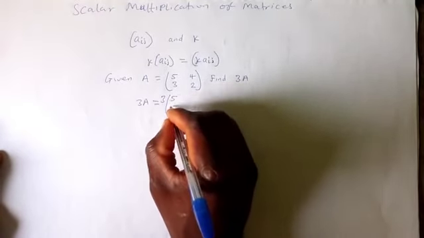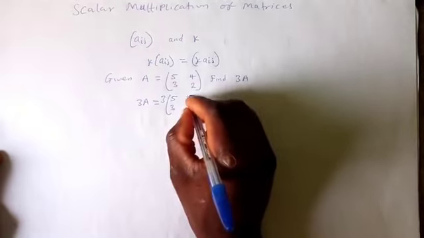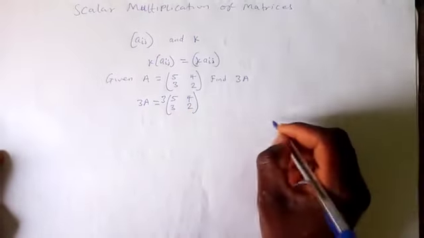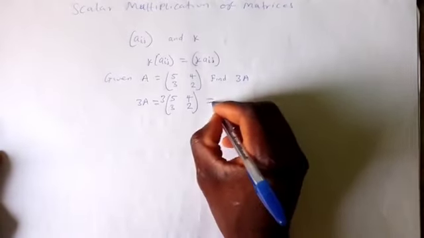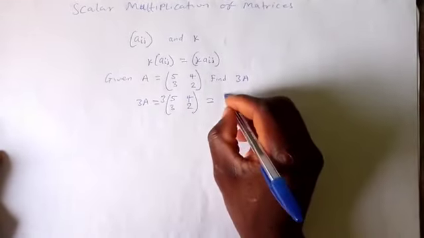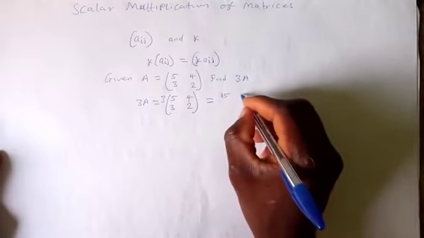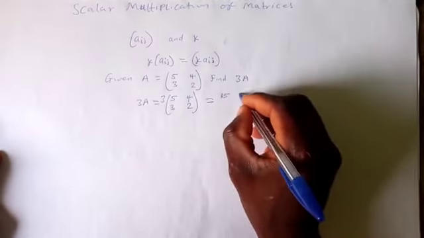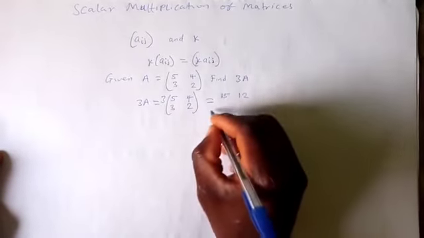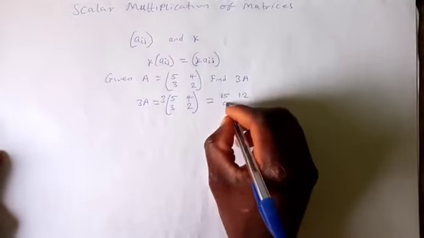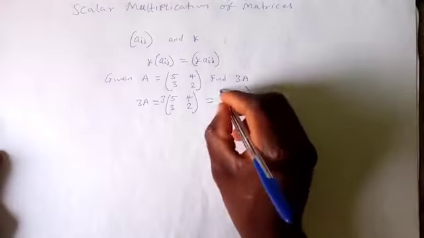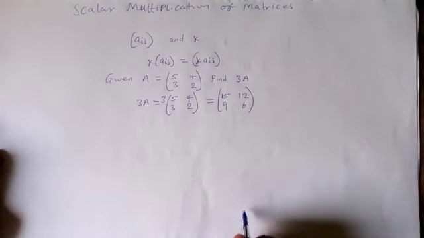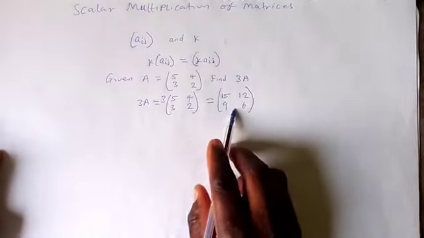We have 5, 3, 4, 2. So this will give us a new matrix which is equal to 3 times 5, 15. 3 times 4 is 12. 3 times 3 is 9. And 3 times 2 is 6. So this is the new matrix. Matrix 3A will give us this.